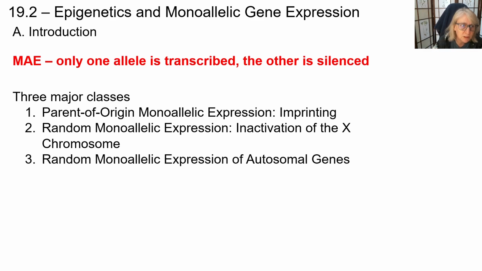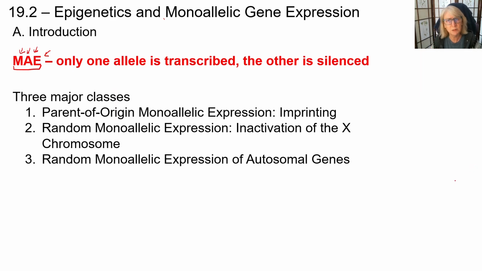Two alleles is too much information. So in places where you only need one allele's worth of information, we have areas of monoallelic gene expression. This is shortened to MAE. I have trouble recognizing this as a word. I always use monoallelic and then gene expression here, but monoallelic expression.